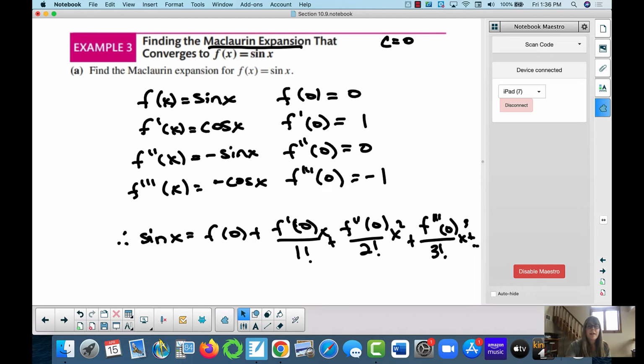So these all are going to cancel out, and we only have the odd ones. So we have this one where it's 1, so we just get x. This one, where we evaluated the third one, that was -1.